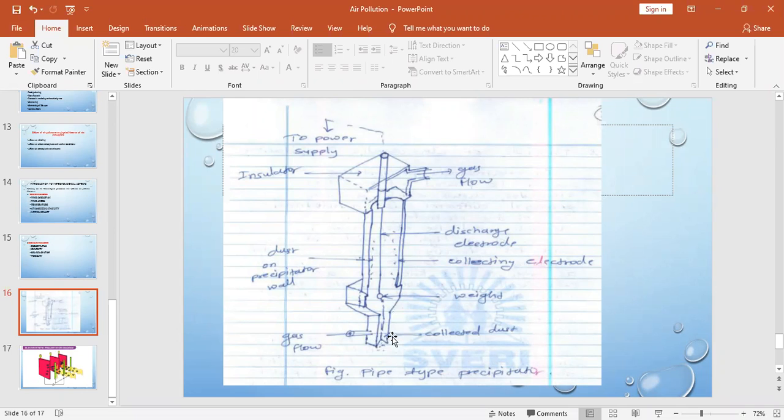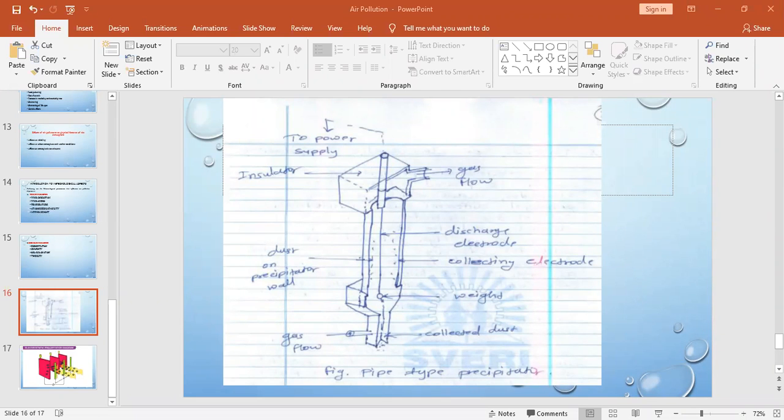A huge heat can be generated, which will dry the inlet gas, and then the further process is as usual, the principle will start working. That will be the only change we'll observe in the wet type of electrostatic precipitator. Okay, so these are the three different types of electrostatic precipitator.